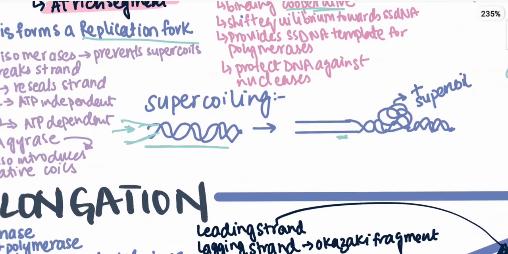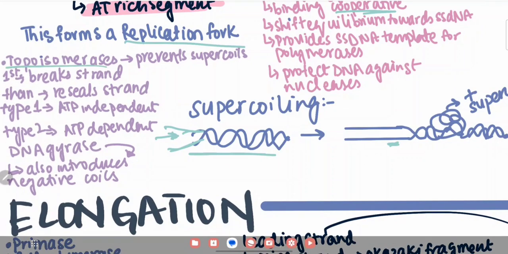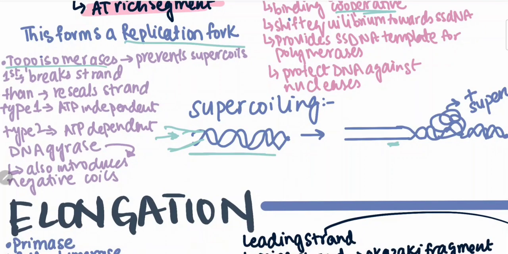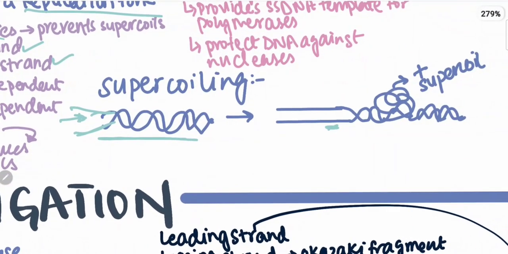In order to solve this problem, we have topoisomerases that prevent supercoils. What it does is it first is going to break the strand, and then it is going to reseal the strands. Right here you see there is a supercoil. A topoisomerase is going to come, and it is going to cut.